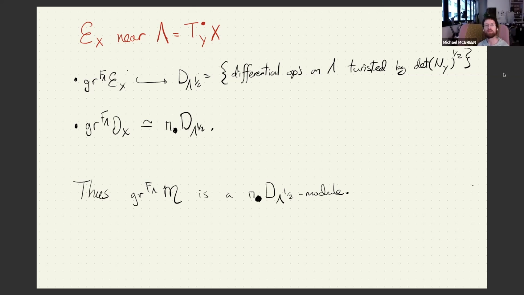So this is just confirming this expectation. So, okay, fine. We started with a regular D-module. We picked a conical Lagrangian lambda, and we cooked up a new D-module, but now over differential operators on lambda itself.